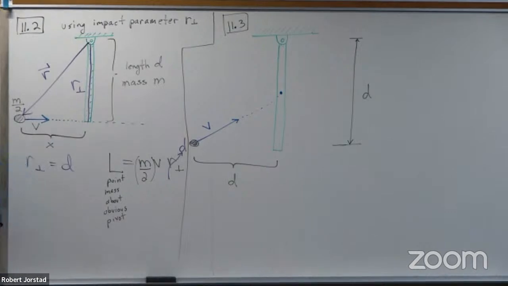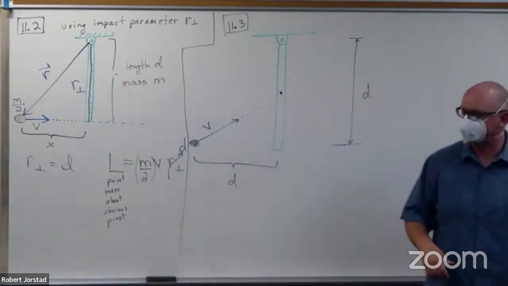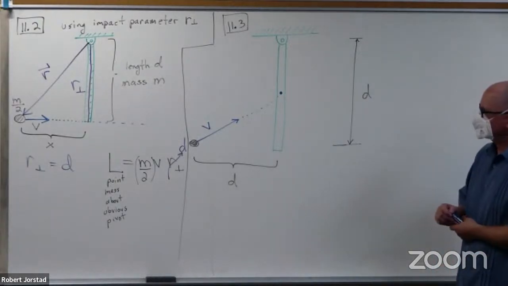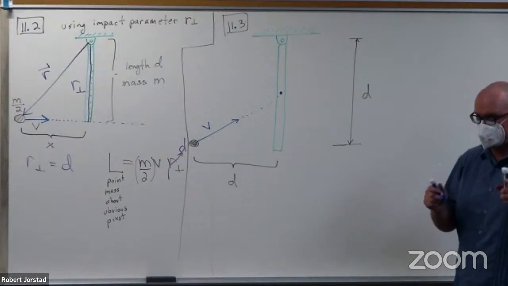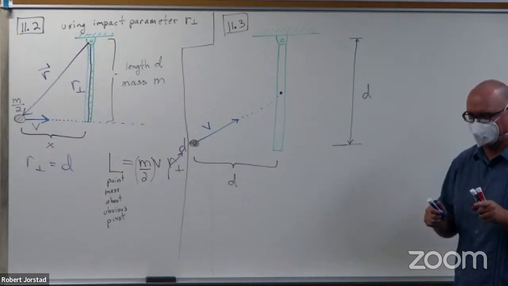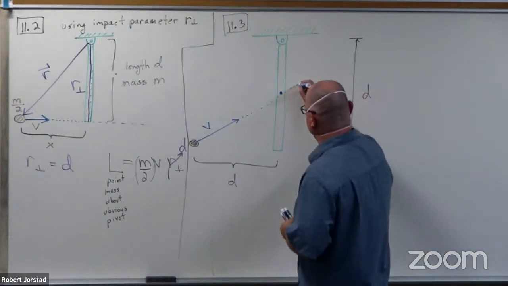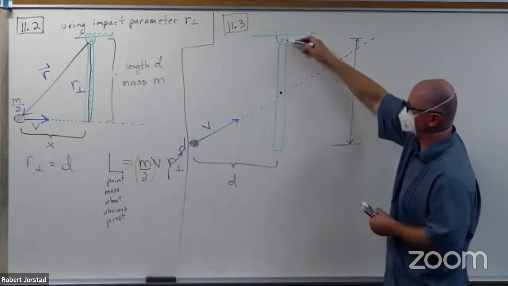Now, all I want to do is get the impact parameter and call it a day. Make sure you watch the video later, or just look at the solutions. This is all in the solutions. In this case, I need a perpendicular bisector. To get it, I draw the line of motion. Is this a perpendicular bisector?